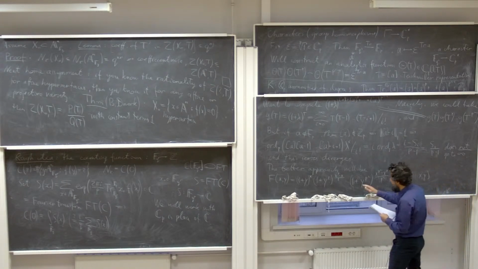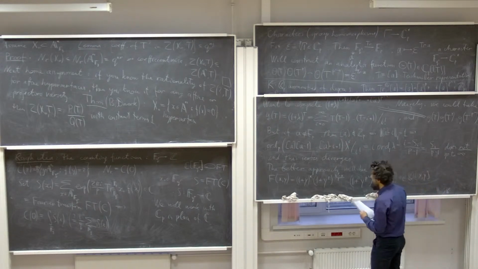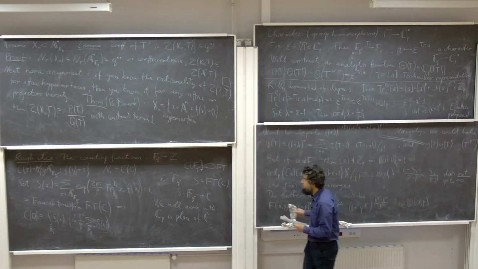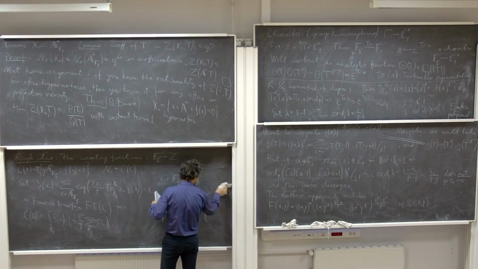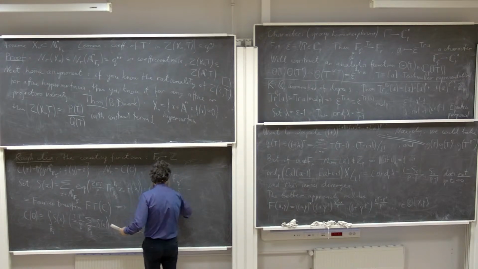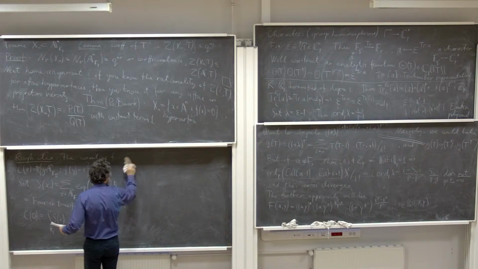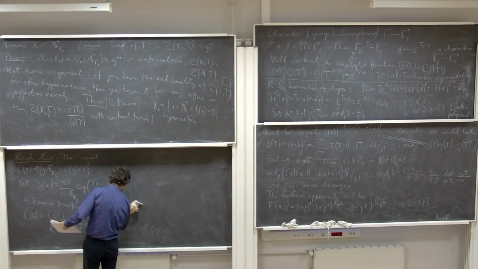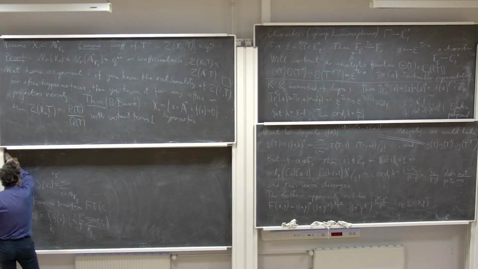And now we'll establish some properties of this f function. So first of all, I have to explain what I mean by taking those x powers of 1 plus y.